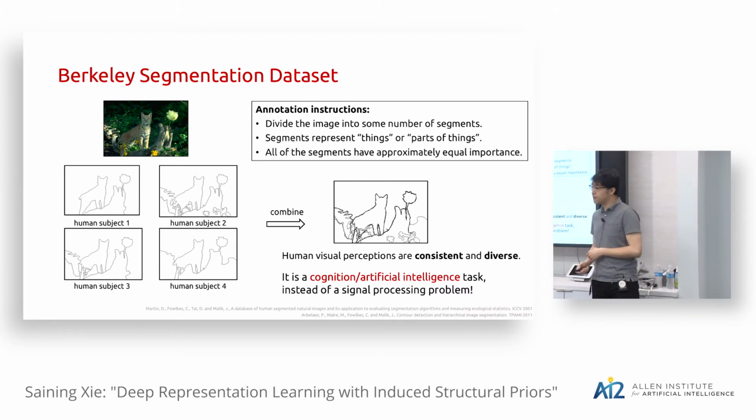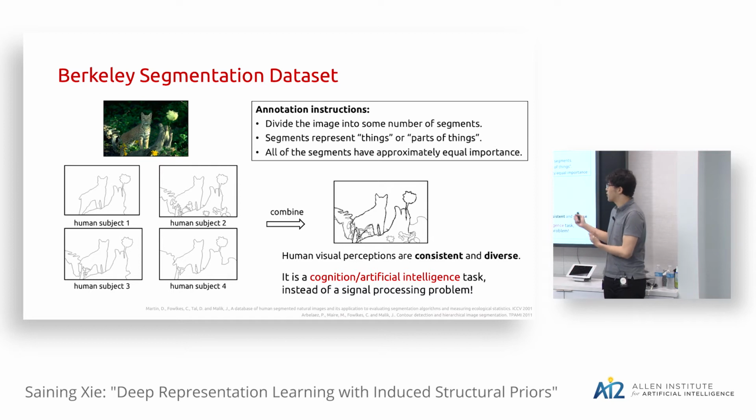Yes? How do you define the ground truth for edge detection? For example, why is there no edge around the eye? So that's a great question. First of all, the edge detection task is kind of an ill-posed problem, right? There are no well-defined edges. You cannot define mathematically what an edge is.